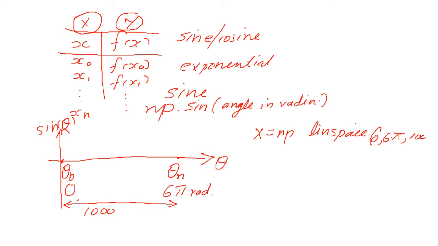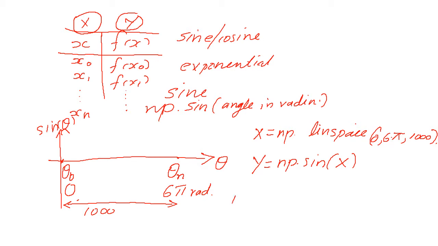Then we will divide that into 1000 points. Next, we have to evaluate the y sequence. Since x is an array, you can generate the sine of all these angles just by calling np dot sine, and we pass the argument as x. So this will generate x and y.